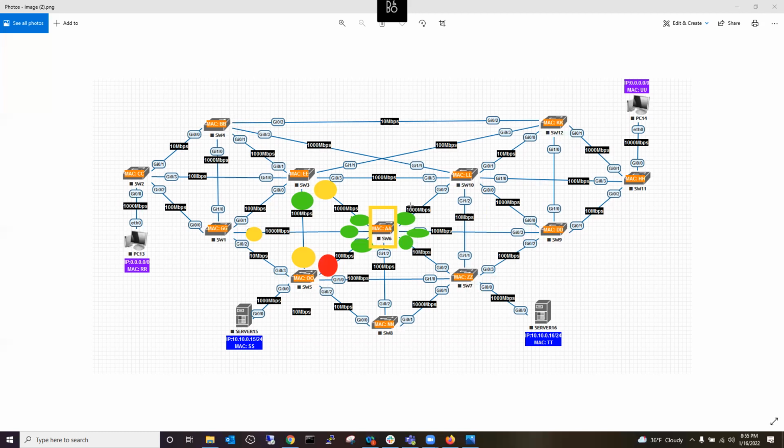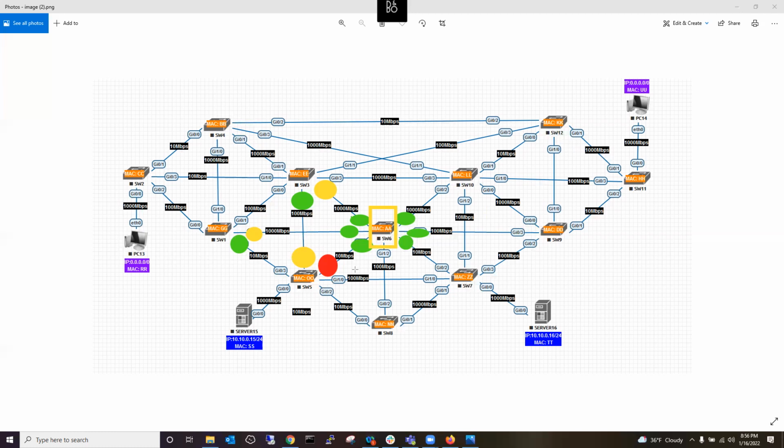All right, so switch 1, 0/2, that will be designated. Why? It's the lowest MAC address between switch 1 and switch 5, and gigabit 0/3 will be blocked because it's the highest MAC between itself and switch 1.